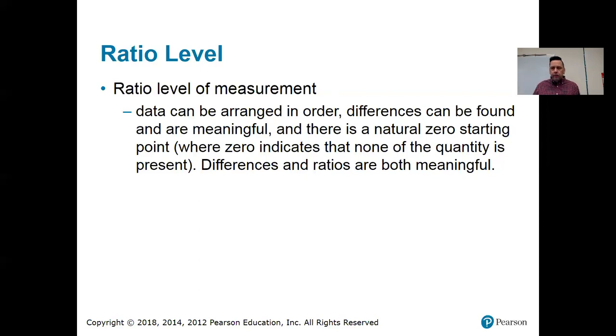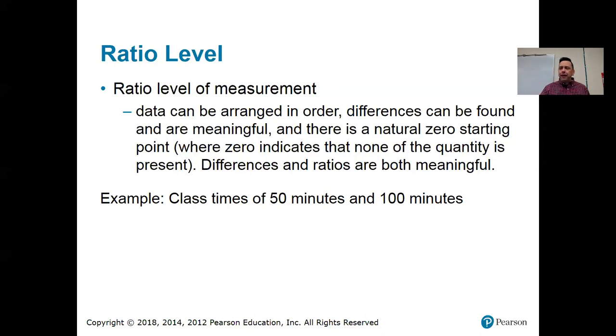So we started with nominal, where you can't do anything. Then we go up to ordinal, where you can put stuff in order. Then you go to interval, where you can put stuff in order and you can subtract. And now we're at ratio, where you can put stuff in order, you can subtract, and now you can divide. Differences and ratios are both meaningful, and there is an actual meaningful 0.